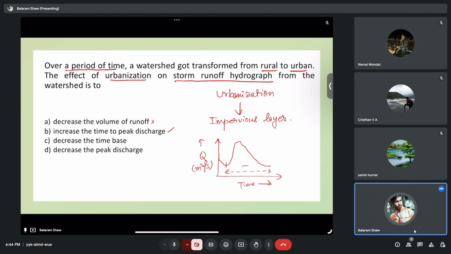This is the time base, right? Now it is saying that if it changes from rural to urban, then it should decrease the time base. It won't, because the time base will increase as urbanization happens, right? Next is decrease the peak discharge. Peak discharge obviously will not decrease, so hence the correct answer will be B.